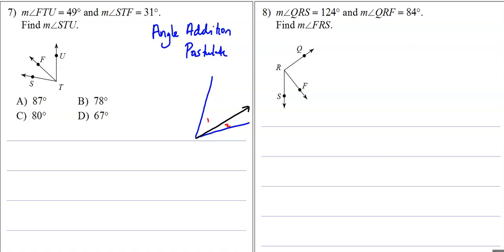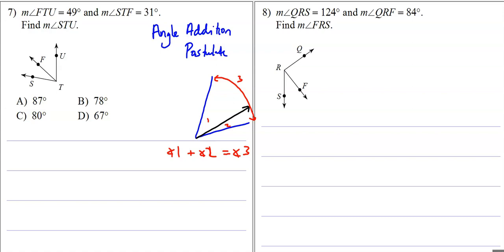So we have angle 1, angle 2, and then the entire angle called angle 3. And it just says that we can add those angles up. 1 plus 2 equals 3.